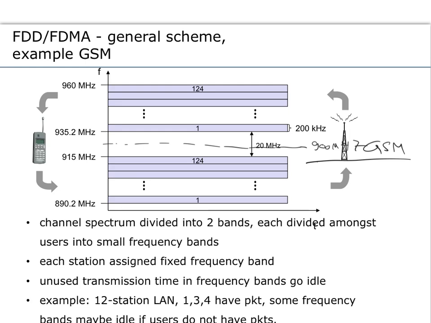FDD stands for frequency division duplexing. Why? Because remember, here we're trying to have full duplex transmission. By full duplex, you have concurrent transmission going in different directions. It's like a two-way street, right?